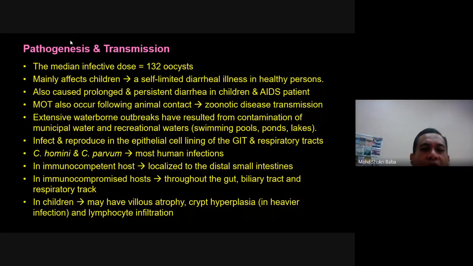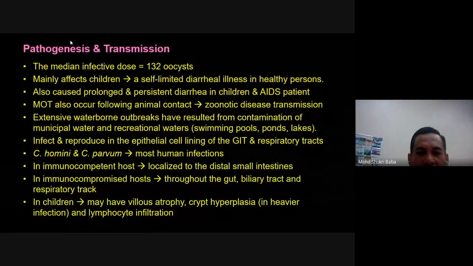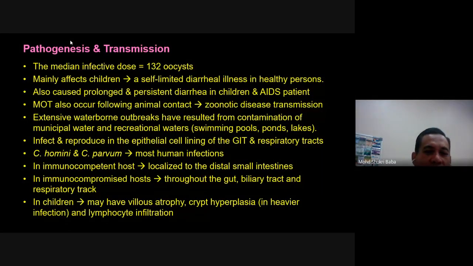But in immunocompromised hosts, you can find them throughout the gut, biliary tract, and also in the respiratory tract. In children, you may have villus atrophy and crypt hyperplasia in heavier infection, and lymphocyte infiltration, which is specifically reported in children.